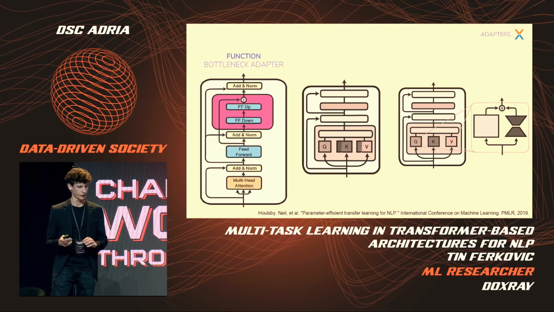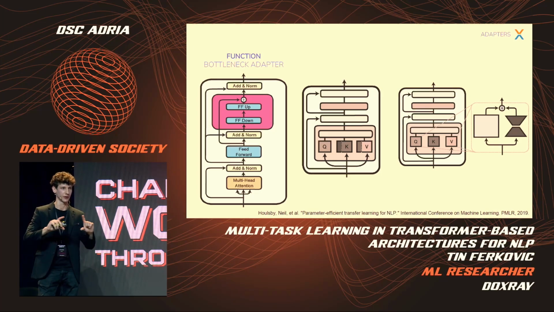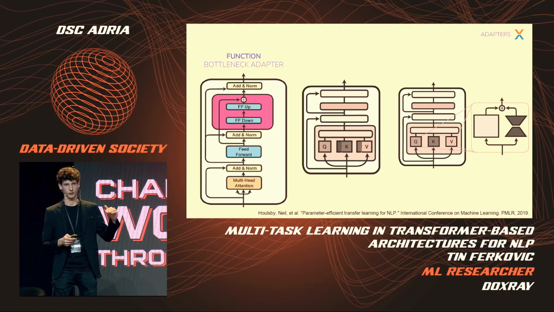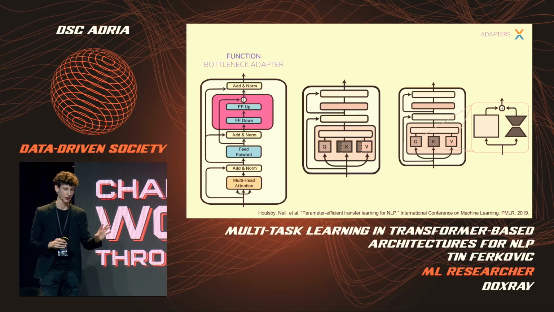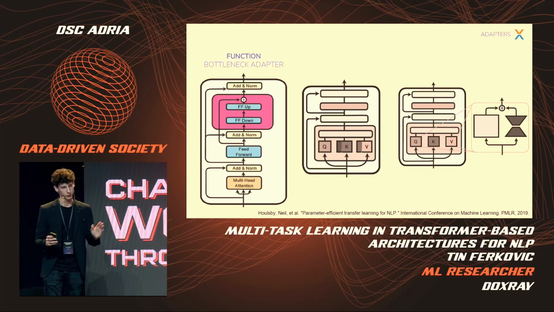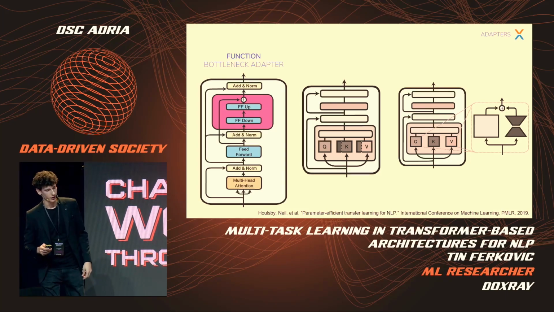So we can see the transformer layer, and it just inserts this module, the adapter, after the feed-forward sublayer. It's basically 2 matrices, a down projection and an up projection matrix, with the intrinsic dimension of around 250. Just keep that in mind, because it will later be important for this rightmost image.